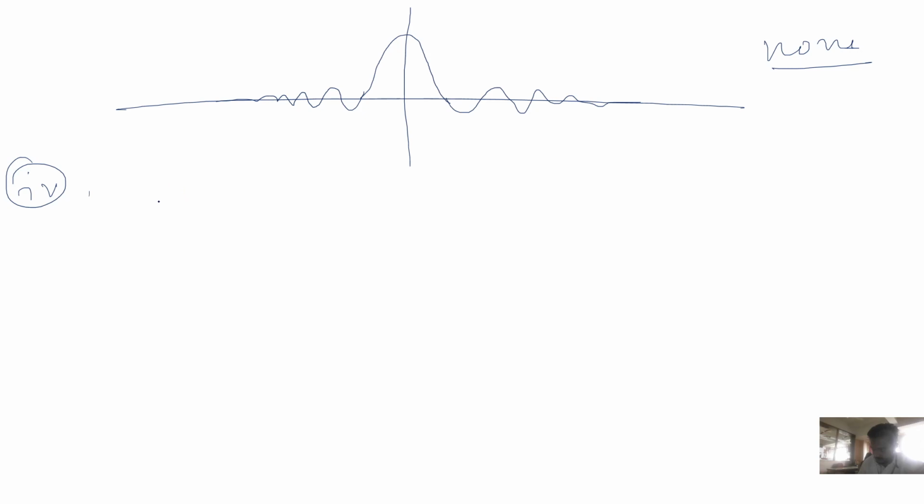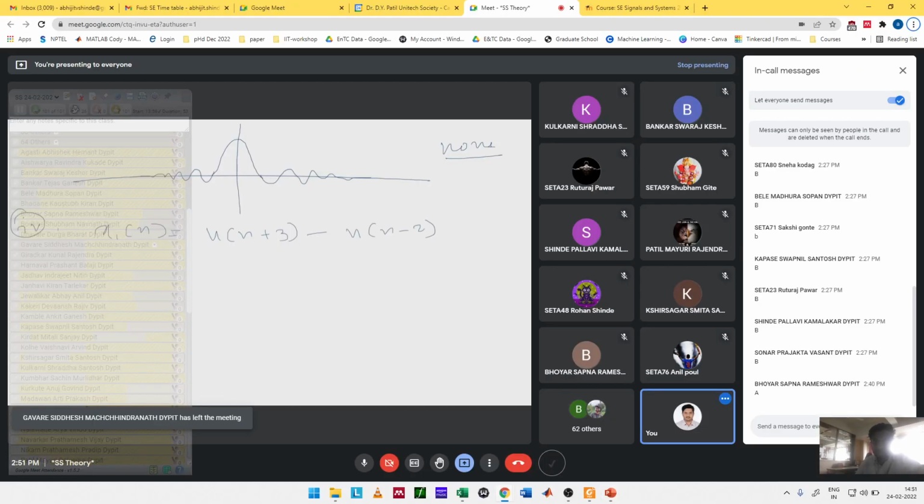Fourth one, let me write it. x of n is equal to u of n plus 3 minus u of n minus 2. Tell me whether it is going to be causal or non-causal. Put your opinion in the chat box fast. Is it causal or non-causal?